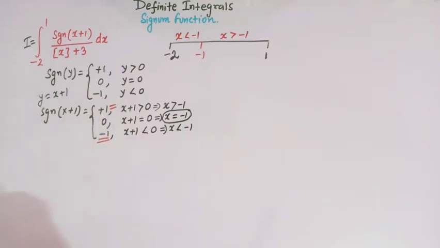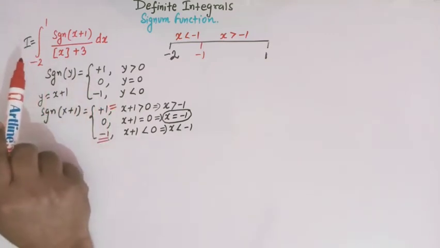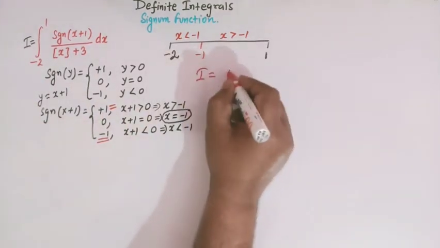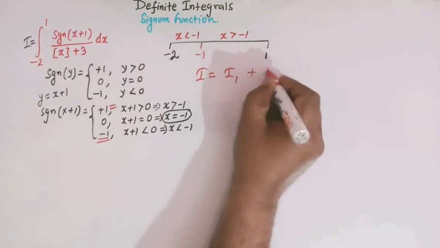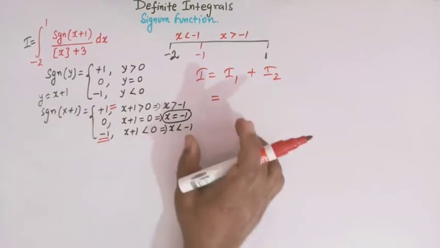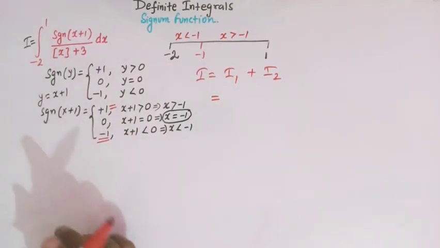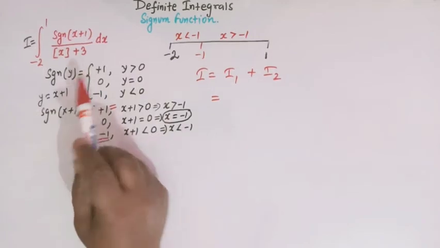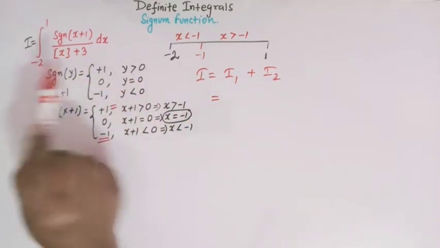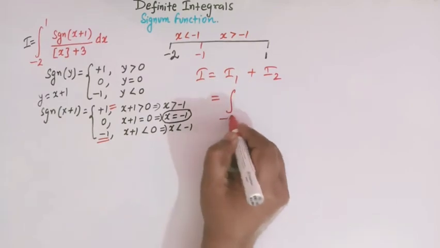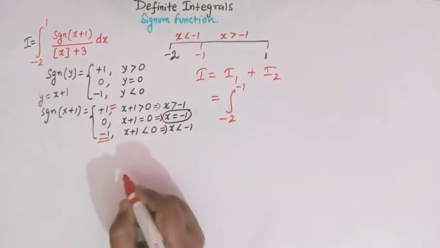So now let us first split this integral I as a sum of two integrals, that is I1 and I2, right? So viewers, this is a very interesting integral which we will see in later steps. See, I1 is from minus 2 to minus 1, right?